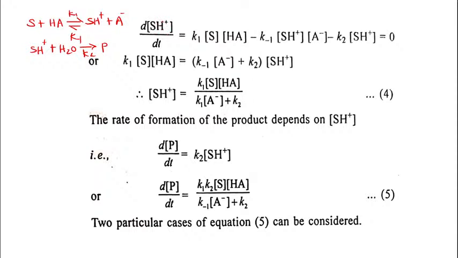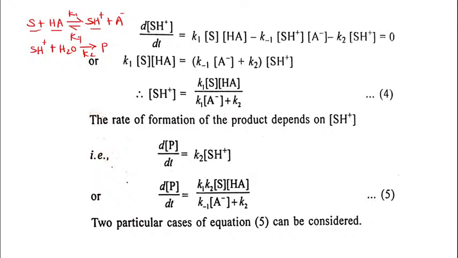So we are writing here the rate of the formation of the intermediate with respect to time. It is directly proportional to the concentration of the substrate and the concentration of the acid, and K1 is the rate constant there. So K1 into concentration of the substrate into concentration of the acid. Now the reverse process, the intermediate converts back into the substrate and the acid.